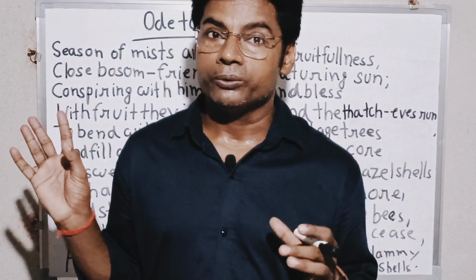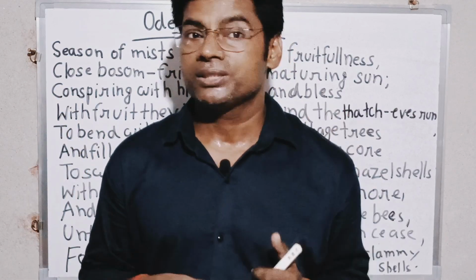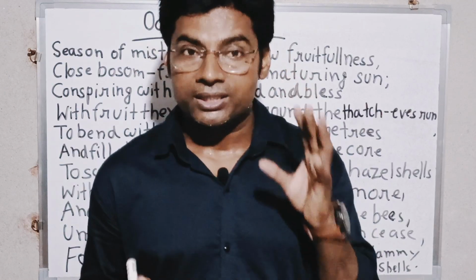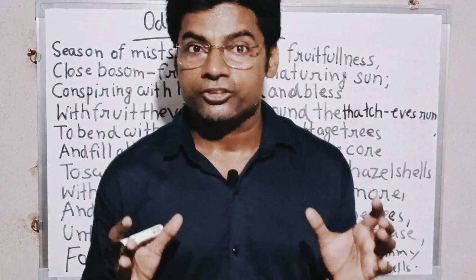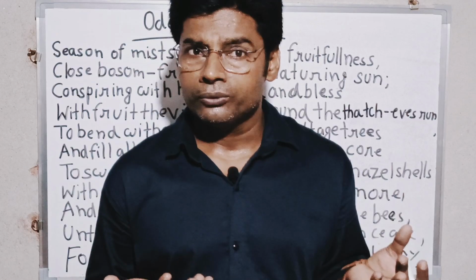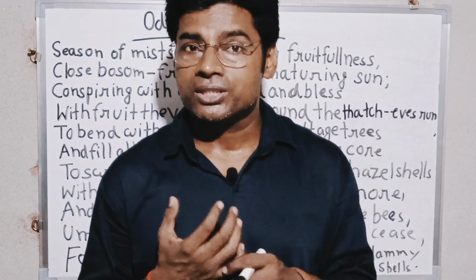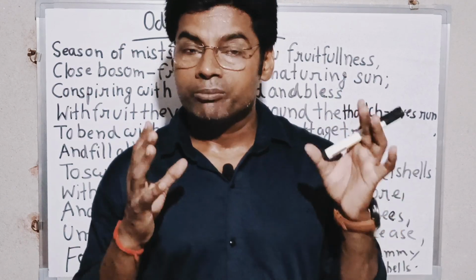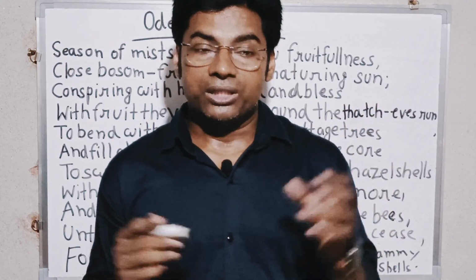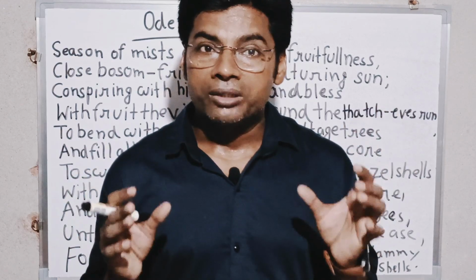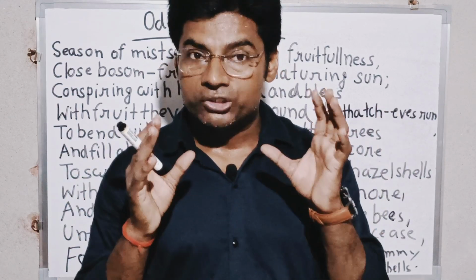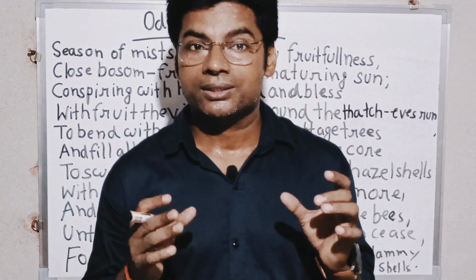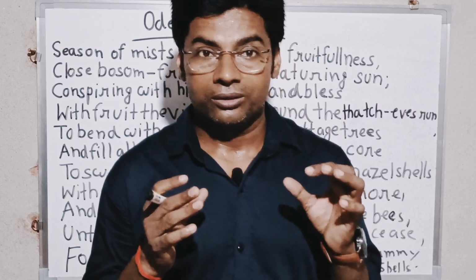This poem, Ode to Autumn, is divided into three stanzas, eleven lines each. Like other odes, it is generally written in what? Iambic pentameter. An iambic pentameter line is a line in which five stressed syllables and five unstressed syllables are used.